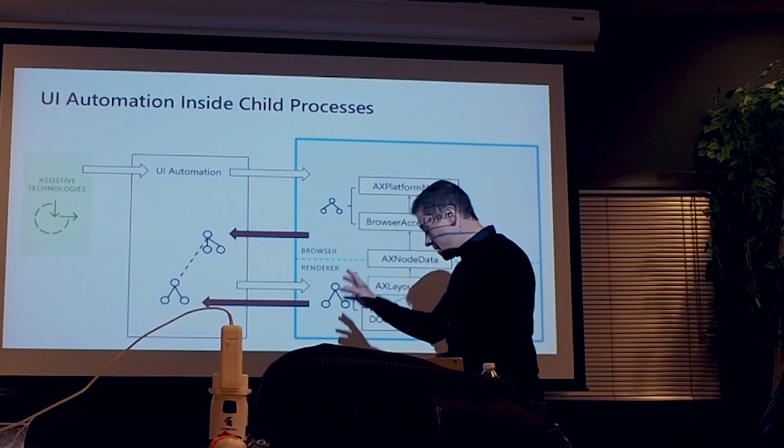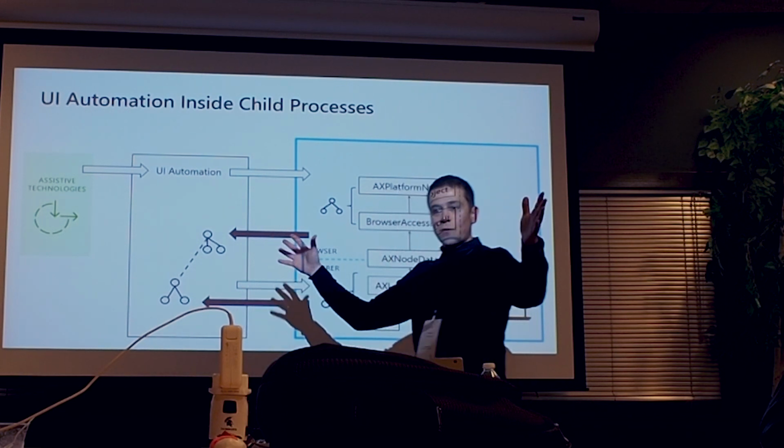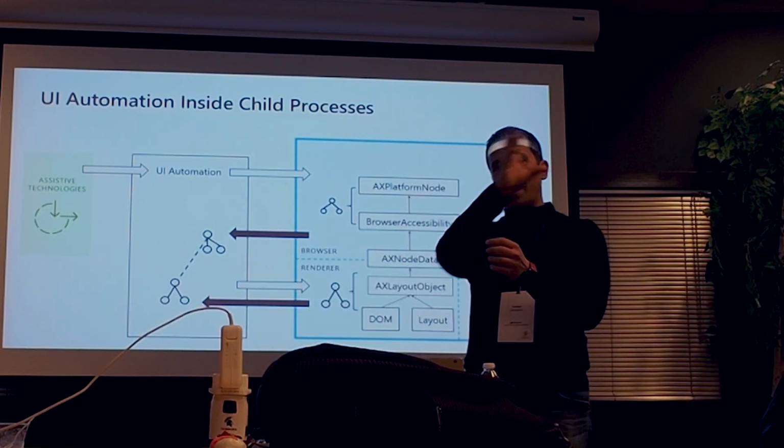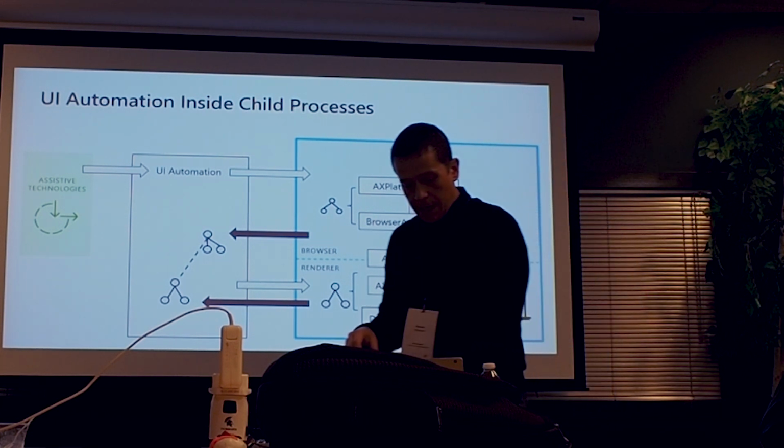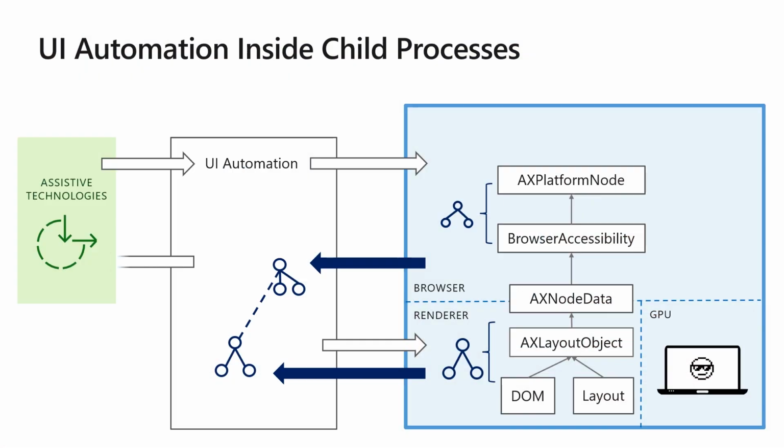Now, again, this tree is tiny compared to the other one because it only has pretty much the skeleton of the thing that the user is interested in. And then from there, the same thing goes on. Information goes back to assistive technology, and then they are hitting some sort of output device.